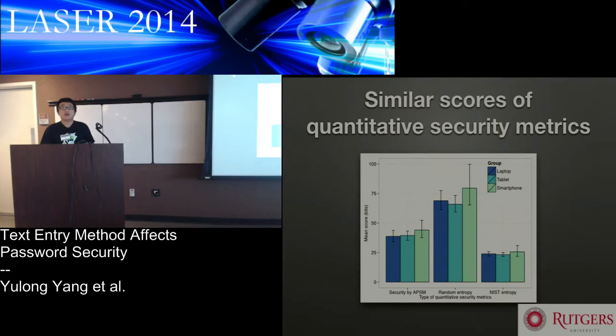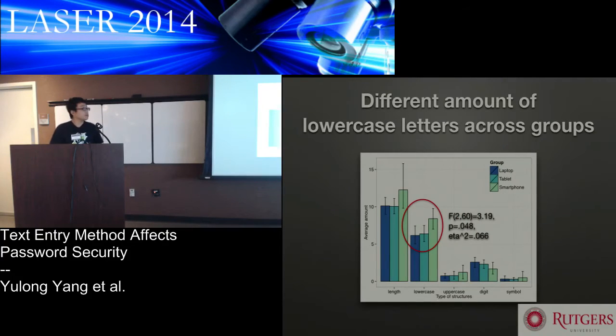I'm obligated to ask the statistical question. On the previous slide, you had the overall length of the password, then you've got the number of lowercase characters and all these categories. I assume those categories add up to the overall length of the password, right? Yes. So how could it be that there's a statistically significant increase in the number of lowercase characters, but not an increase in the number of characters overall?